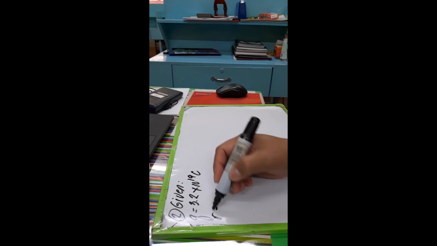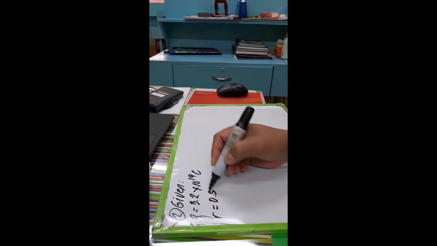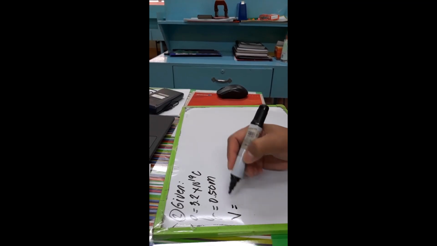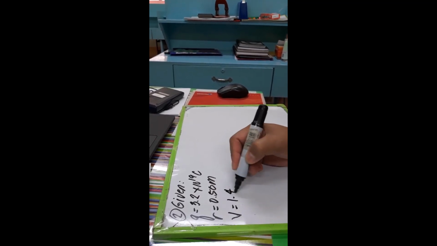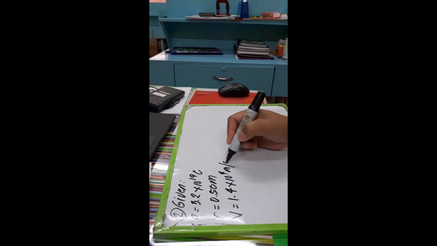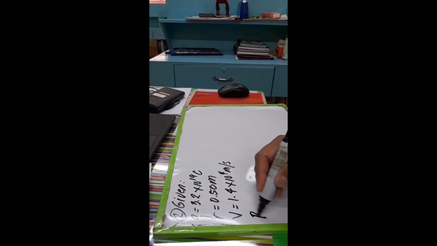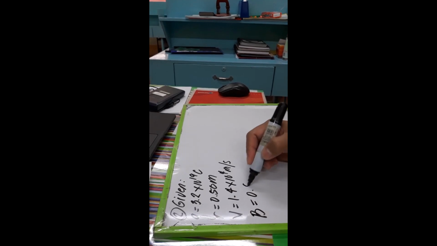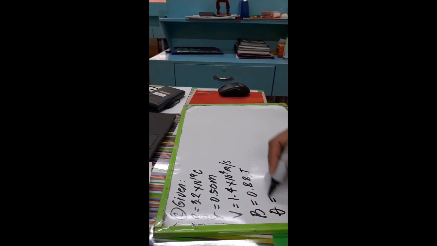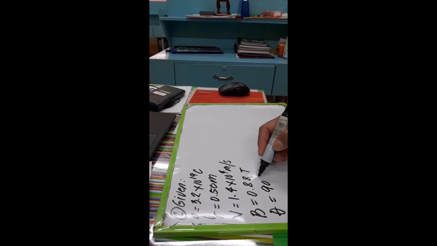Our radius is equal to 0.50 meters. Our velocity is equal to 1.4 times 10 raised to 4 meter per second. Magnetic field is equal to 0.88 Tesla. And of course, our angle is equal to 90 degrees.